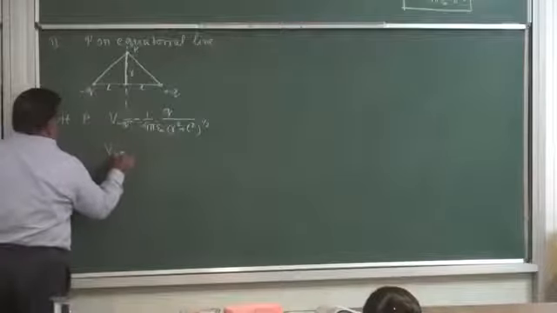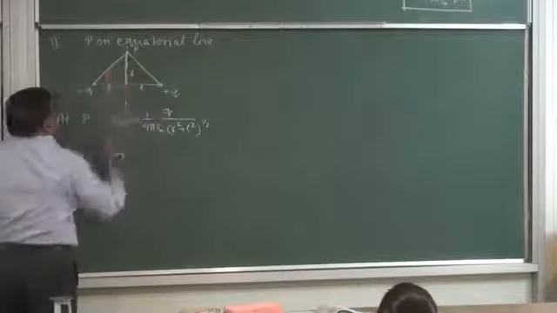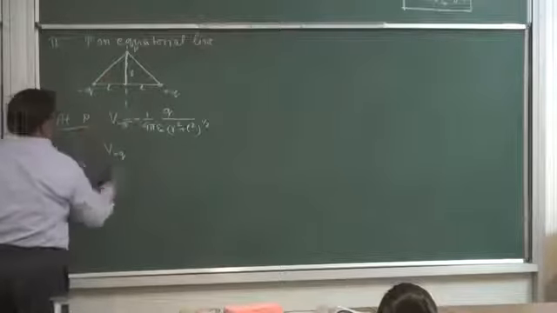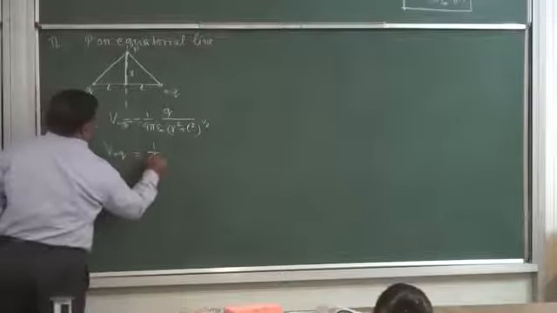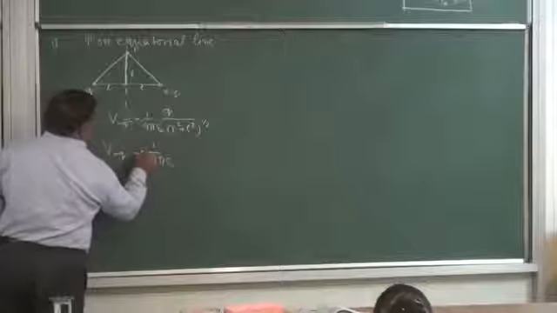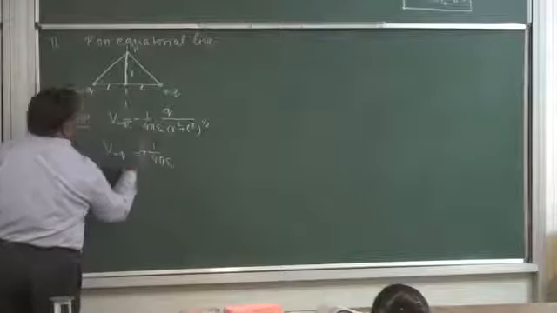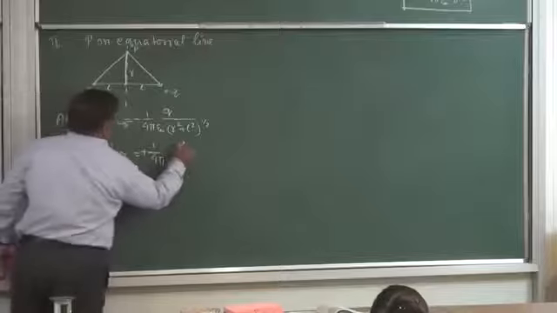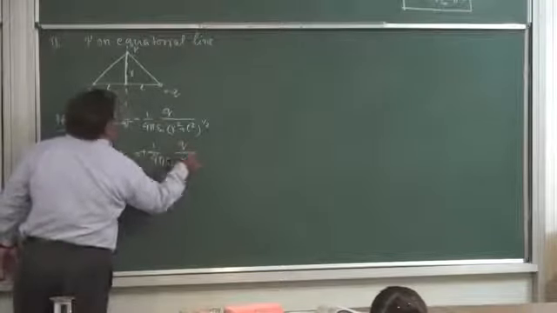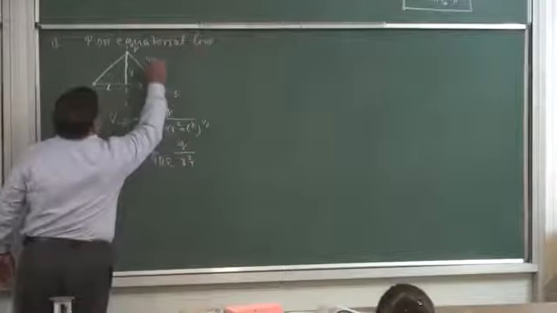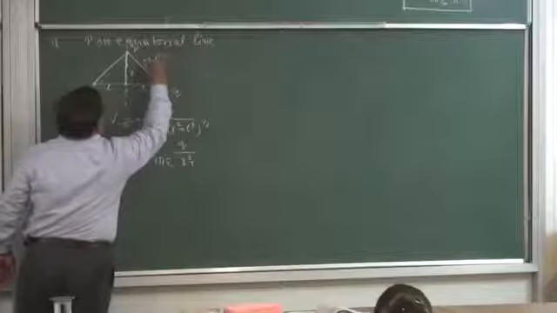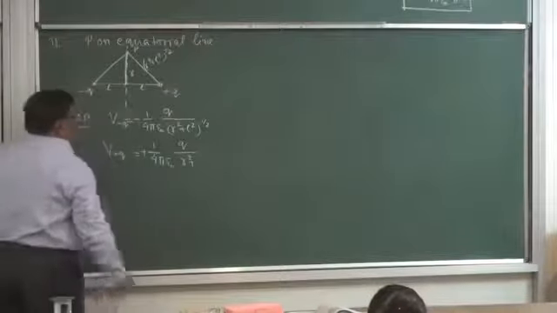Potential due to plus Q at the point P is equal to 1 upon 4 pi epsilon naught, and this will be plus Q upon r square plus L square to the power half.